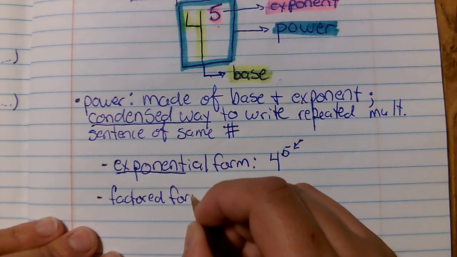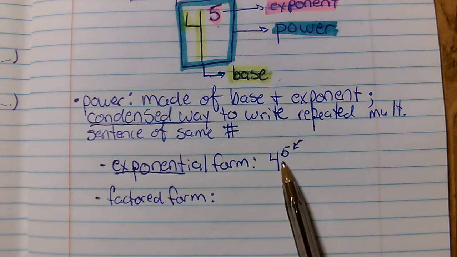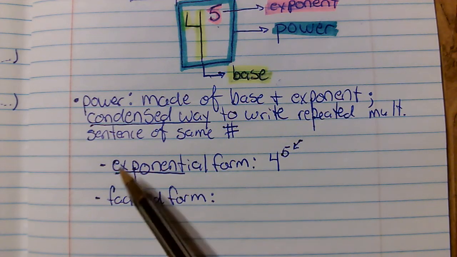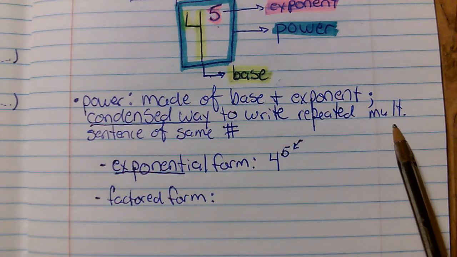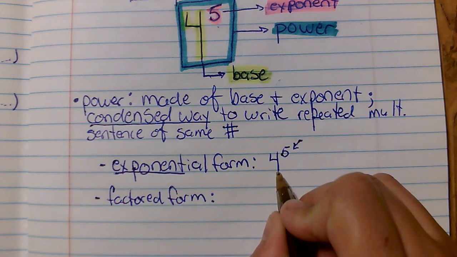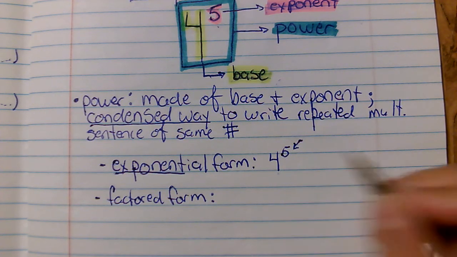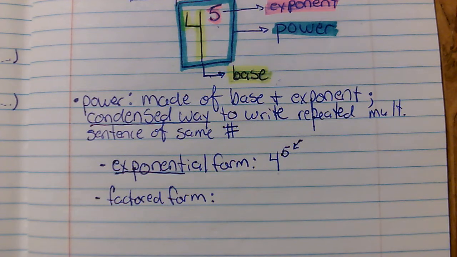Factored form. Now this is where we get into what is actually happening within an exponent. You'll notice the two numbers in exponential form: we have the base number and the actual exponent. What this means, when I say a condensed way to write repeated multiplication, is like this. Whatever the base is, it's going to be that number times itself, however many times the exponent is telling me to do.